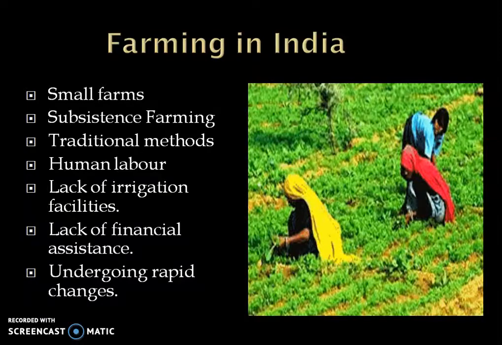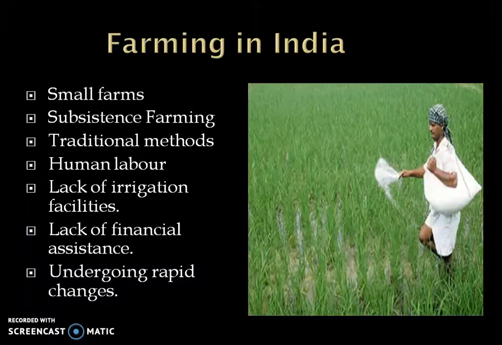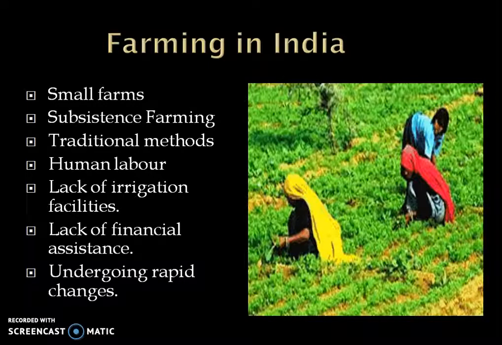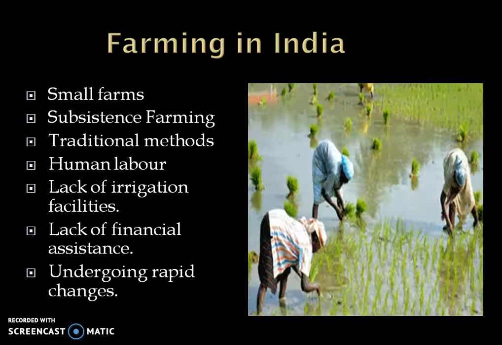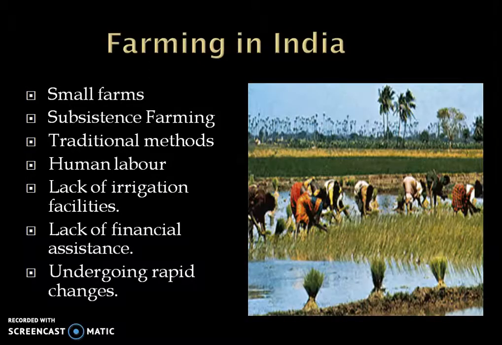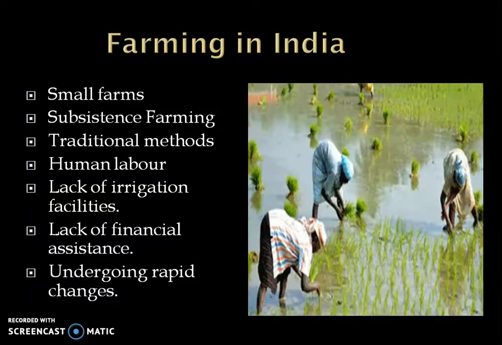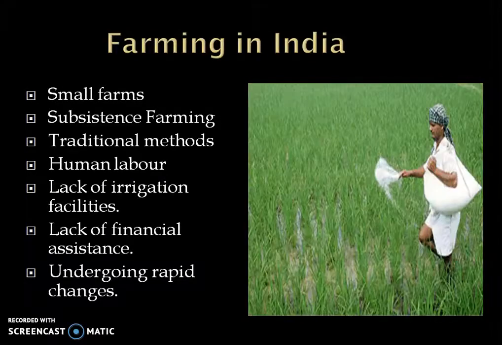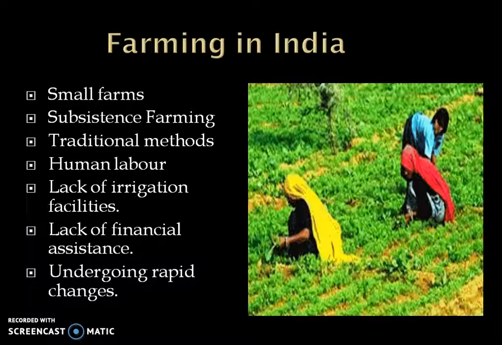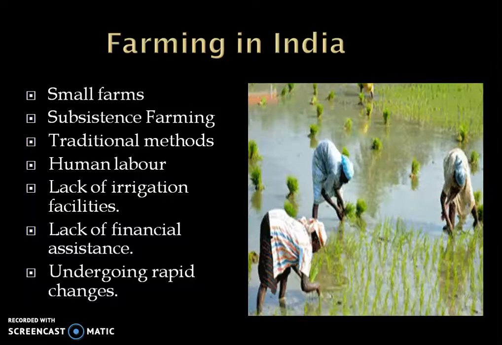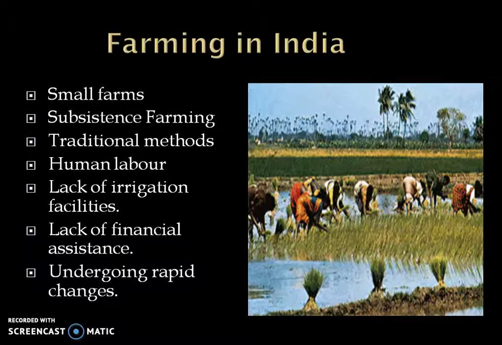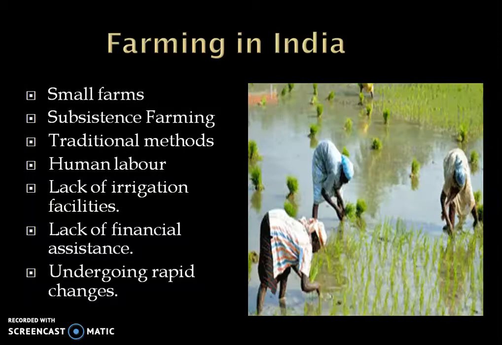Farmers in India still depend more on monsoon as there is lack of irrigation facilities. Monsoon rainfall is also quite irregular. Lack of financial assistance. There is lack of credit and financial assistance to the farmers, and that's why farmers have to borrow money from money lenders for which they pay heavy interest.